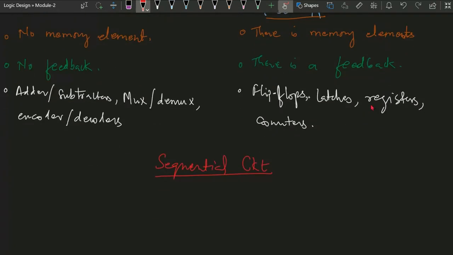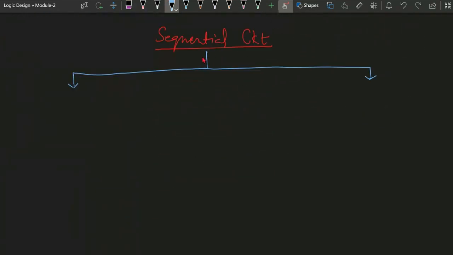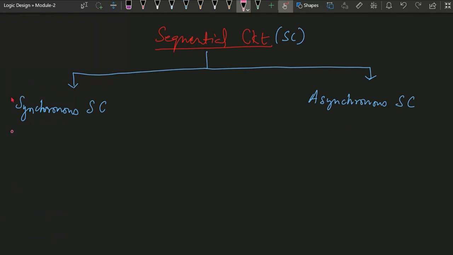Sequential circuits that we will be considering can be classified into two different categories. One is called synchronous sequential circuits, and the other is asynchronous sequential circuits. This categorization is based on timing considerations.